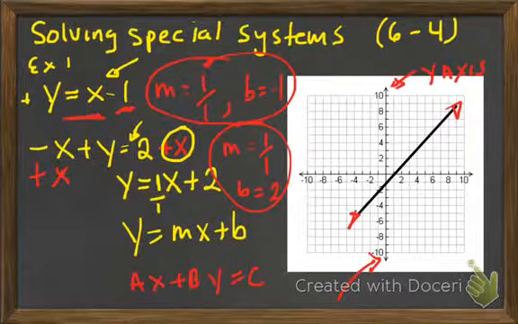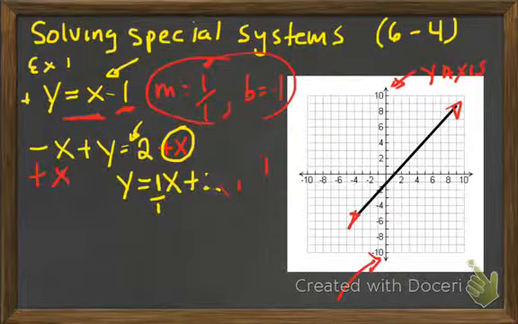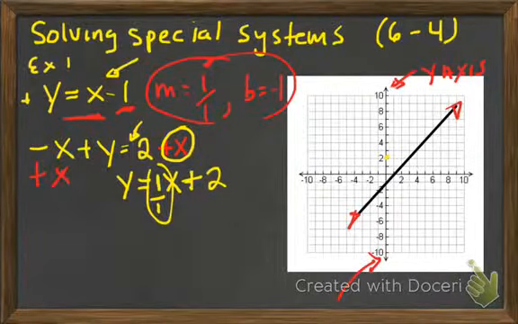Let's take a look at the second equation, y equals 1x plus 2. I'm going to go to my plus 2 where the y-intercept is, and then my slope is up 1 over 1. Up 1 over 1.